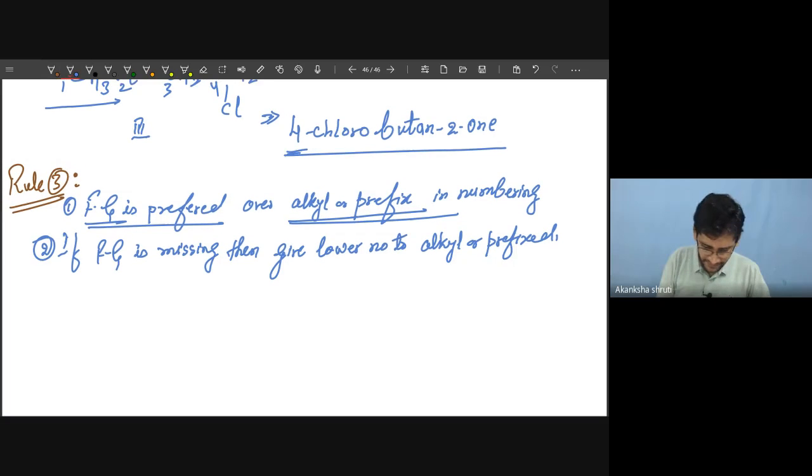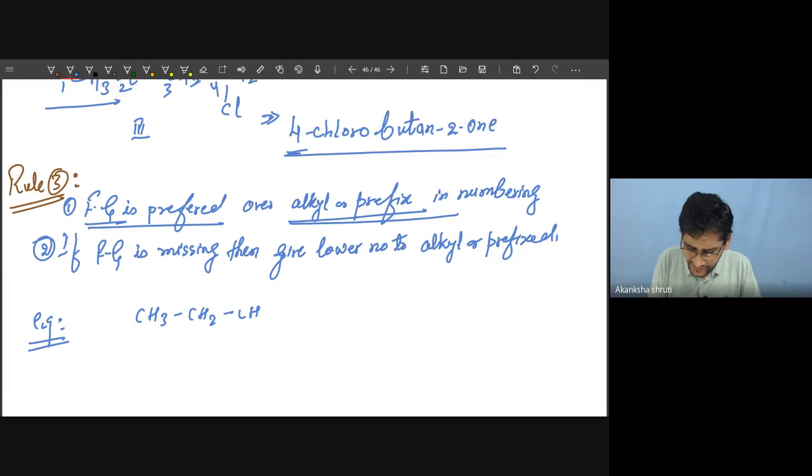Let us take one example. Let me write like this: CH3, CH2, CH, CH2, C, Cl, or let me use the bromine, Br here.